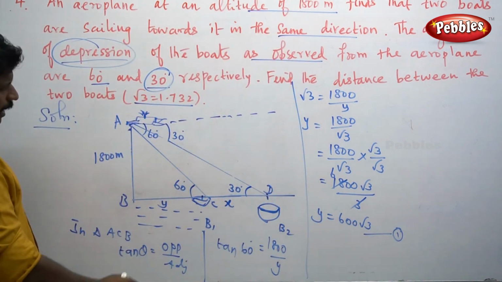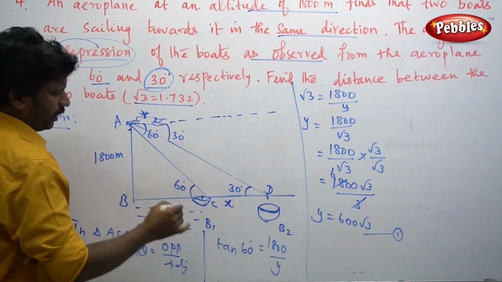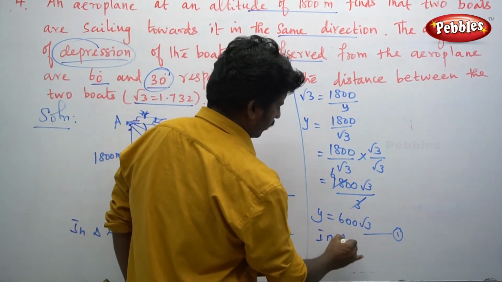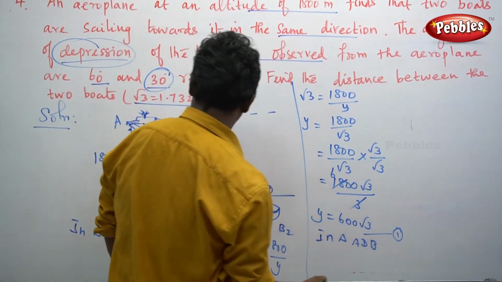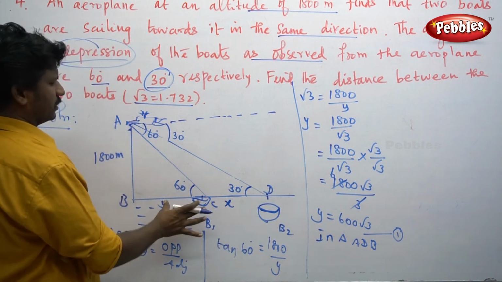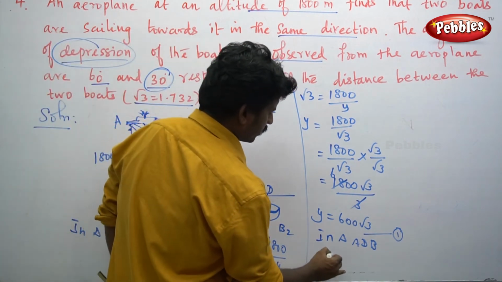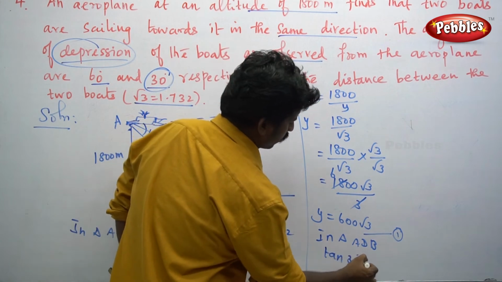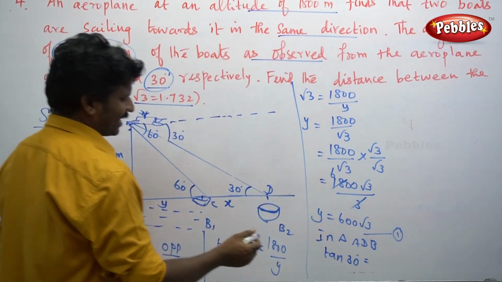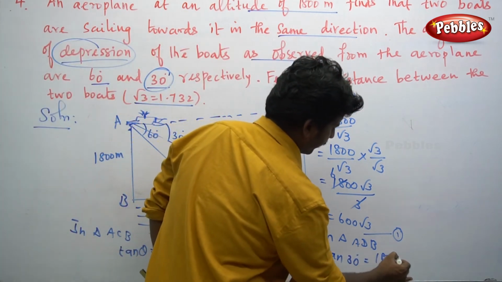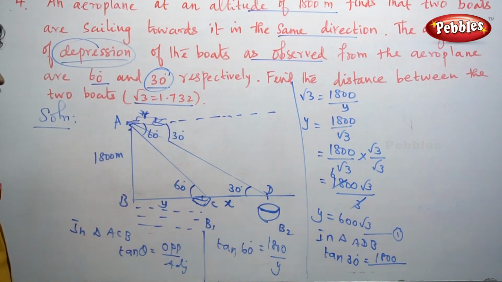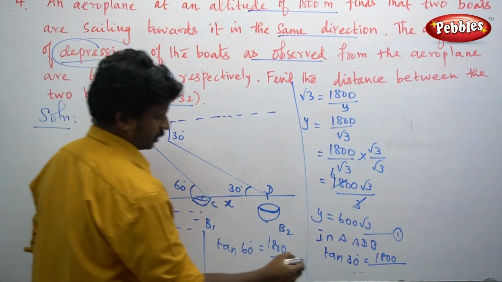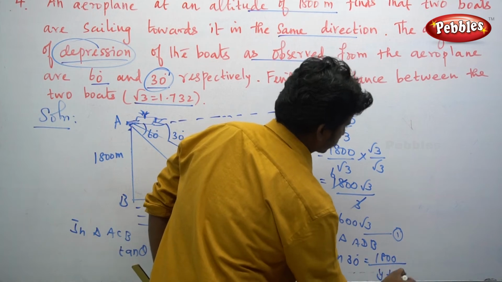Now I am going to take the triangle ADB, right? In triangle ADB, here also the opposite side and adjacent. So tan theta, here theta is 30 degrees, is equal to the opposite 1800 divided by, no, look, in this triangle ADB the adjacent we have to take as the full, y plus x.